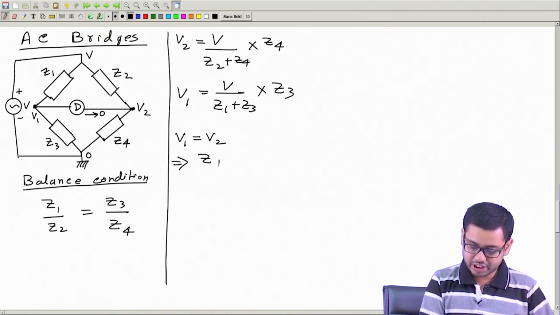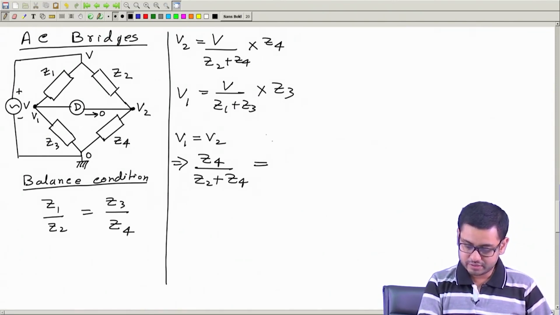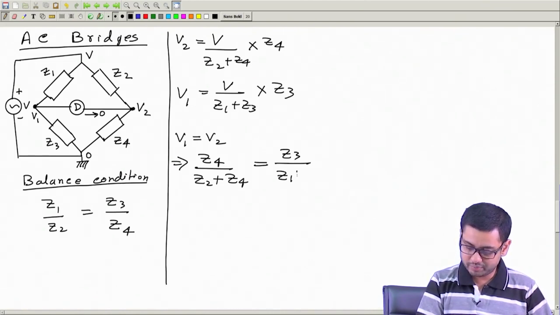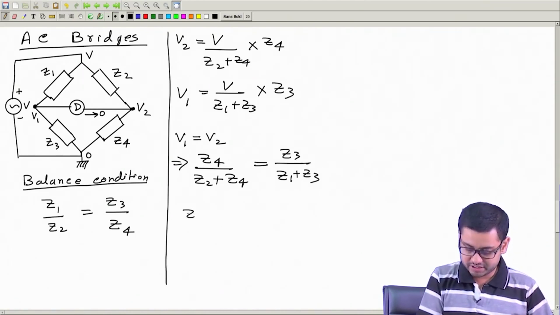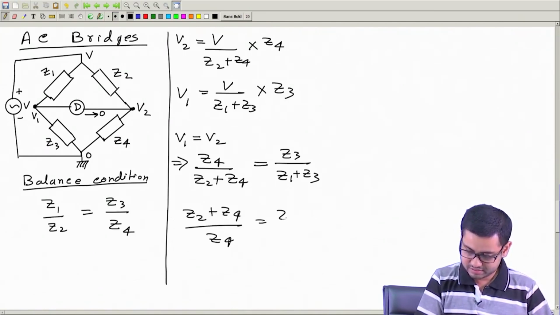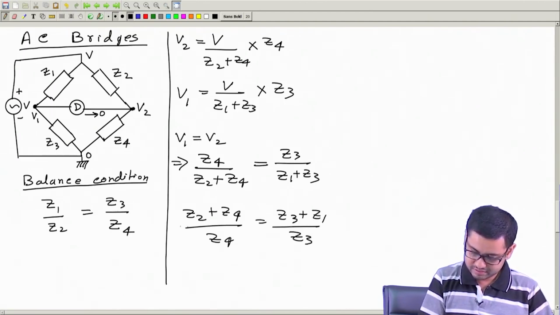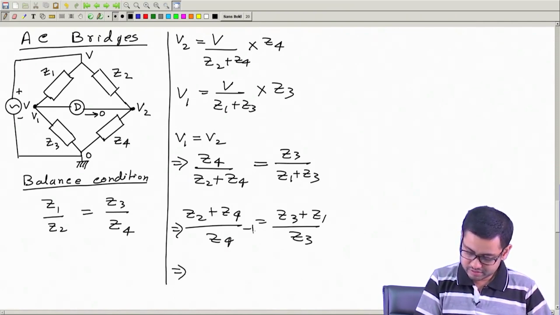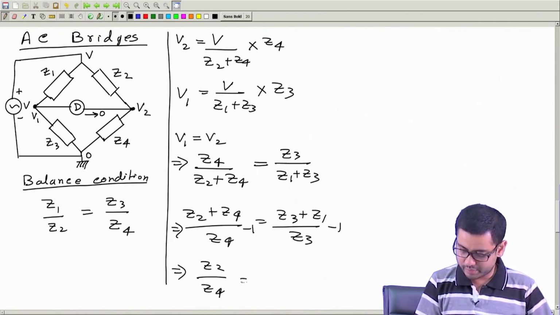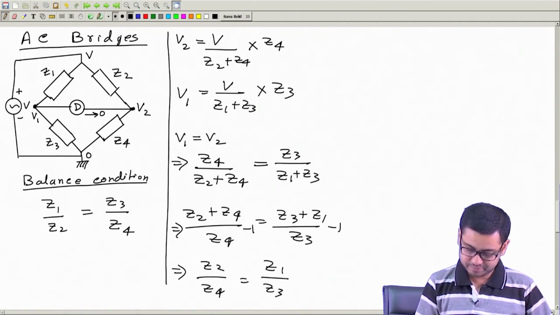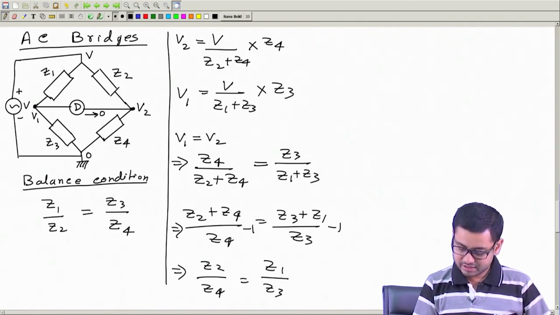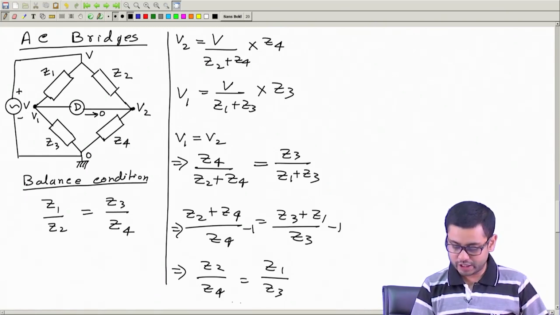If this current is 0, then V1 equal to V2 implies these two terms are the same. So, Z4 divided by Z2 plus Z4 equals Z3 by Z1 plus Z3, where V has cancelled on both sides. Now, from this it is easy to write, subtracting 1, that Z2 by Z4 is the same as Z1 by Z3, or Z1 by Z2 is the same as Z3 by Z4. Now, this is not just one equation, although it looks like one equation; it is actually two equations.